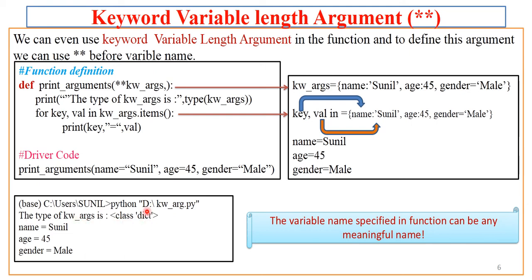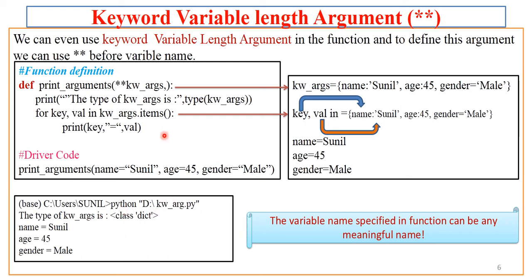This shows that whatever keyword arguments we pass to the function print_arguments are stored in the kw_args variable, but that variable is a reference to a dictionary.